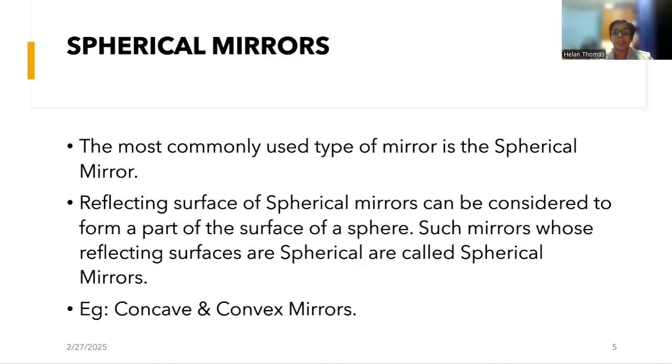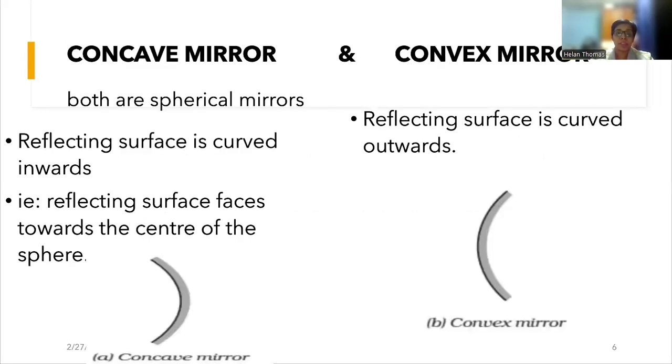Such mirrors whose reflecting surfaces are spherical are called spherical mirrors. Both the concave mirror and the convex mirror are spherical mirrors, but the reflecting surface of a concave mirror is curved inwards, while this shaded portion is the hard surface. The reflecting surface faces towards the center of the sphere.